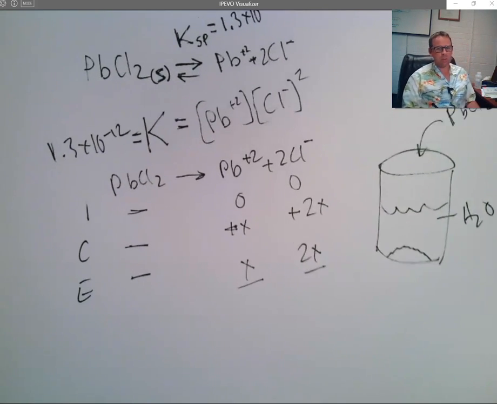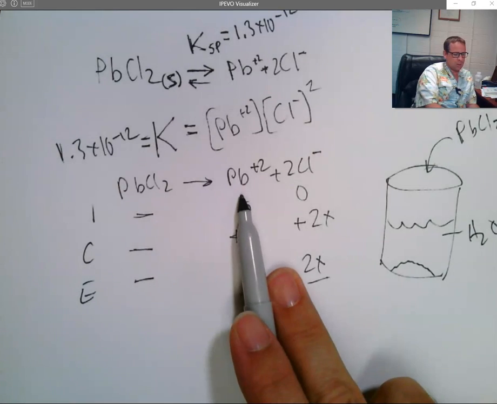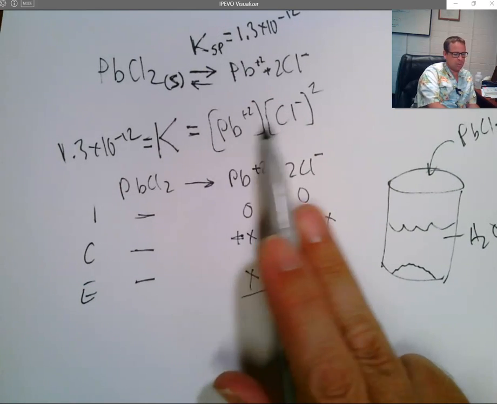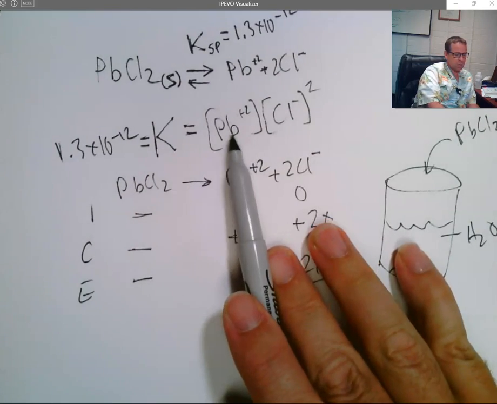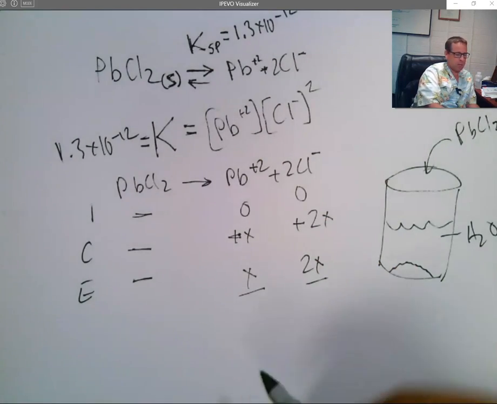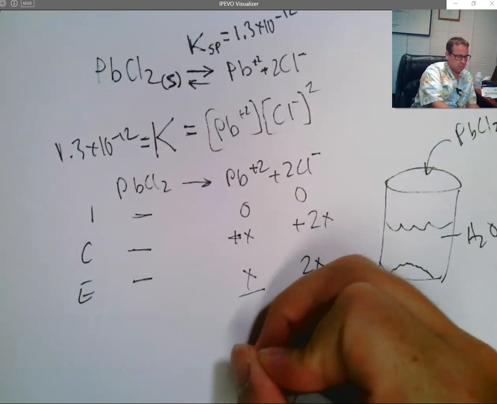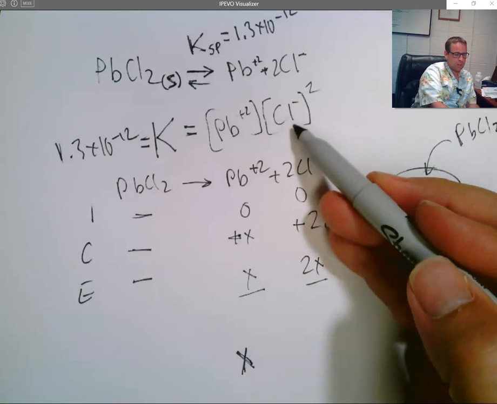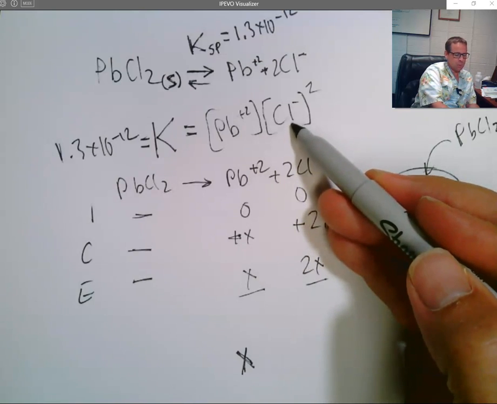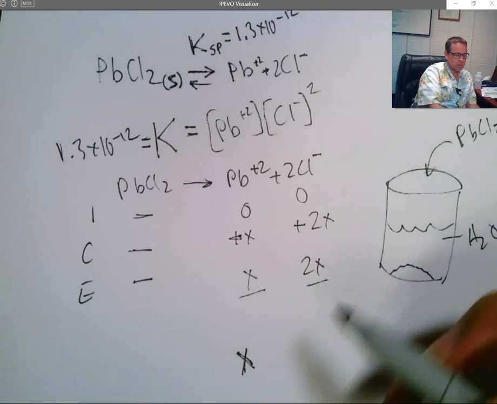I take those equilibrium concentrations and put them up here, put them into our K value. So the equilibrium concentration of lead is represented by X here. That's the equilibrium concentration for lead. Equilibrium concentration from the chloride ion should be squared. That's 2x.